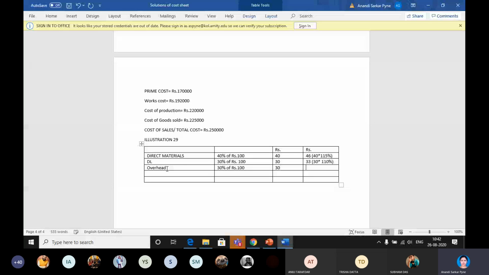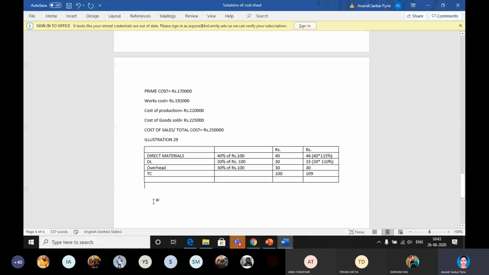So total cost is 100 over here. And this is how much? 46 plus 33 plus 30, which is 109. So this is given, right? This is given in the problem.